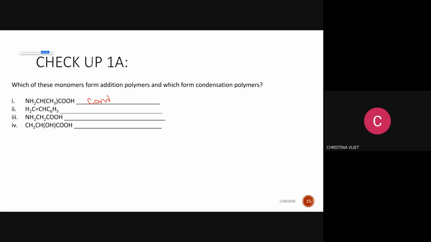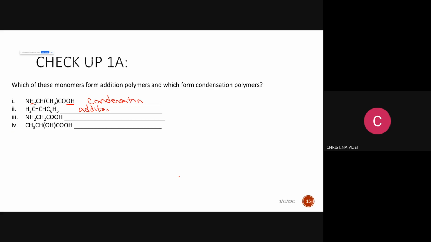It's condensation because you would be able to take out the H from the amine and the OH from the carboxylic acid. So you could take out water, so it's going to be condensation. If I put it again and again, it would form a condensation polymer, not an addition. What about the second one? That's addition, because that's where you're breaking the double bond and just adding it to itself over and over again.